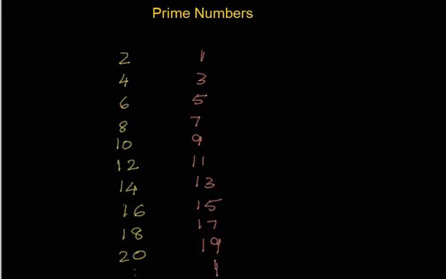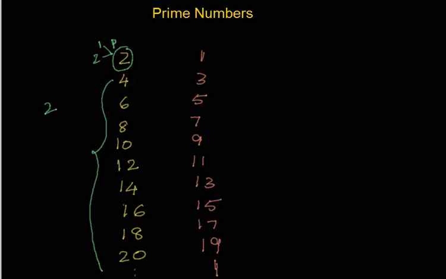Now, let's look at the even numbers. So we have 2. We already saw that 2 is a prime number because 2 has 2 factors, that is number 1 and 2, that is itself. So 2 is a prime number. I'll mark it. But if we look at all the other even numbers, starting from 4, by definition of an even number, we know that all even numbers are divisible by 2.